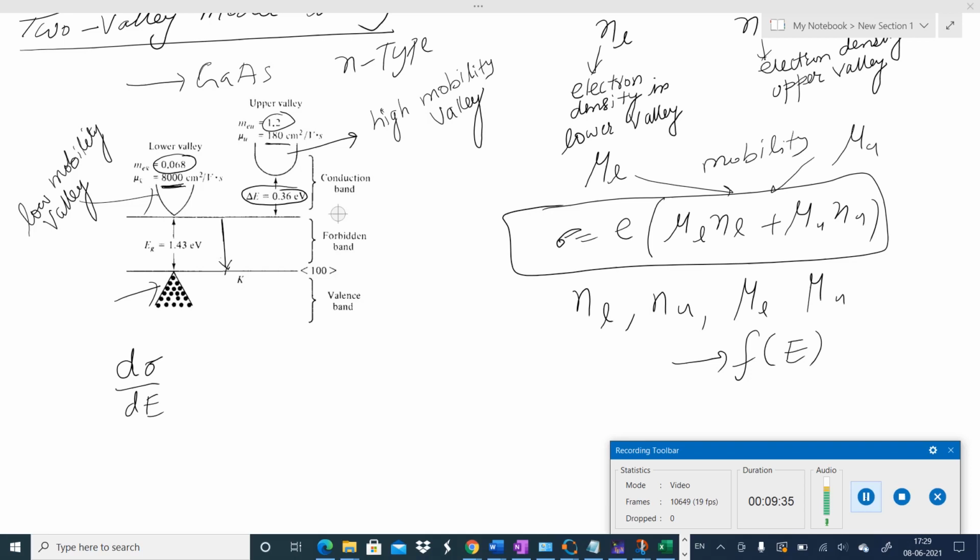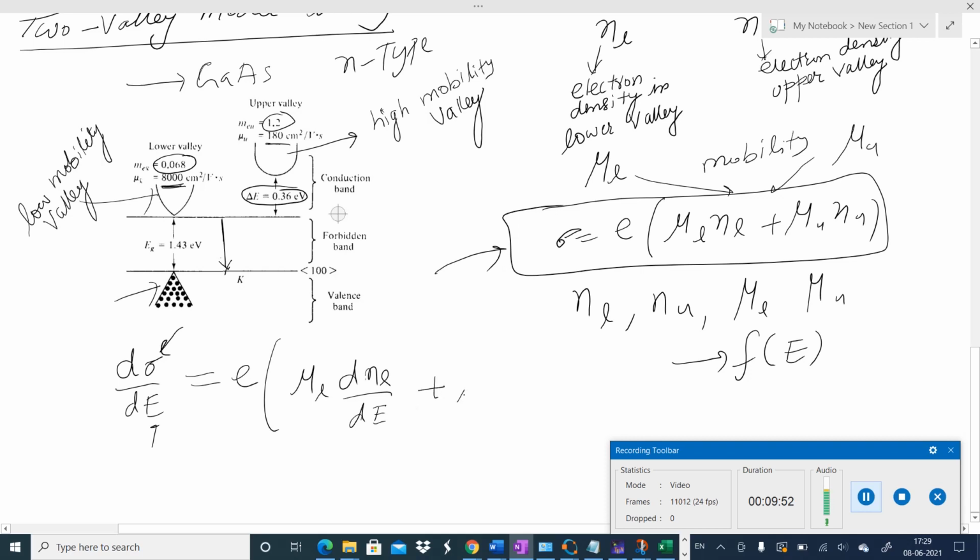So we differentiate this conductivity with respect to electric field. We apply the UV formula to this equation: e times (mu L dNL over dE plus mu U dNU over dE), then again plus e times, keeping N fixed, the differentiation of the mobilities.